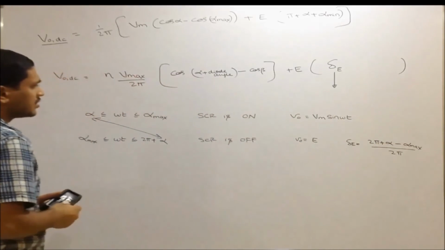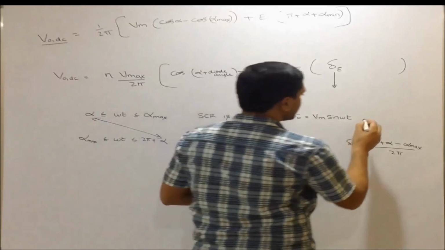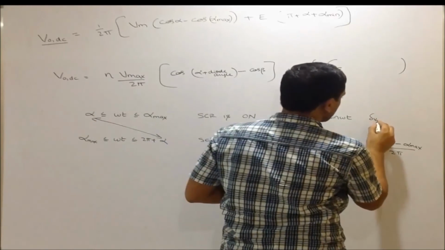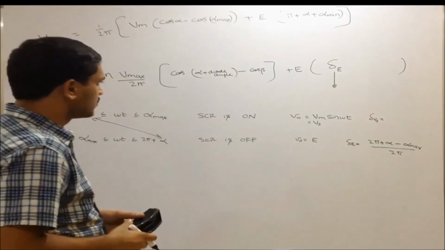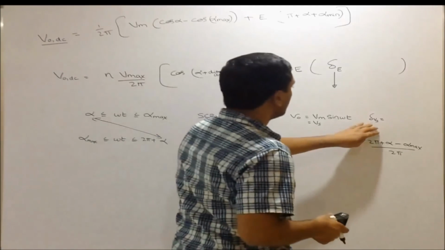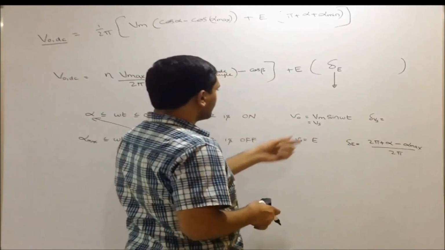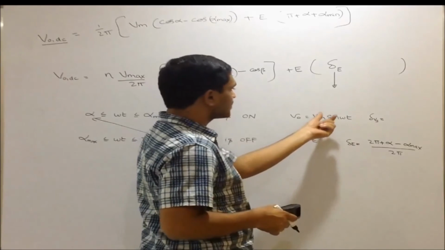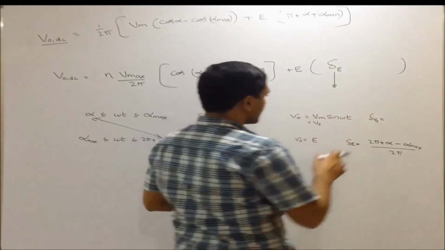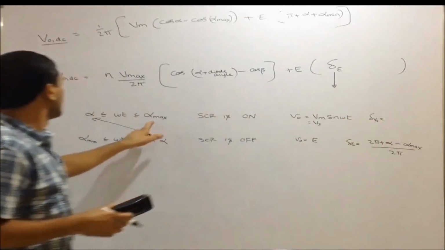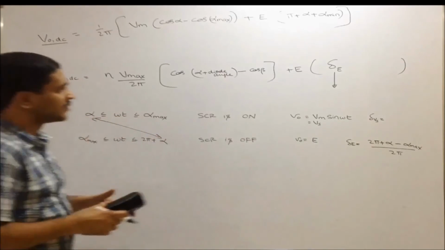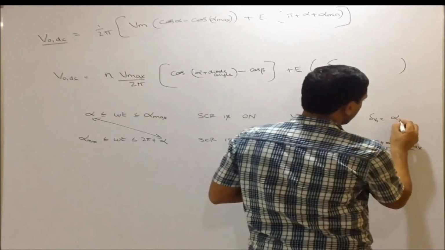Also here I say delta Vs. Delta Vs is the duty cycle for which Vs, that is Vm sin omega t, appears across V0. This is appearing for the interval alpha max to alpha.